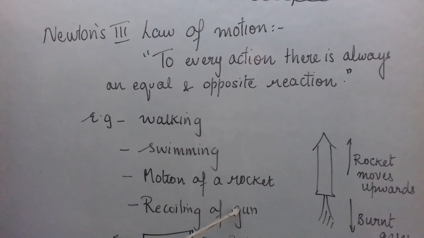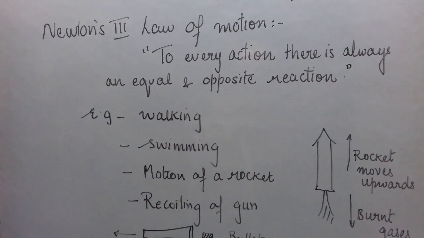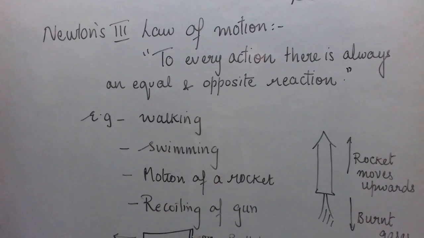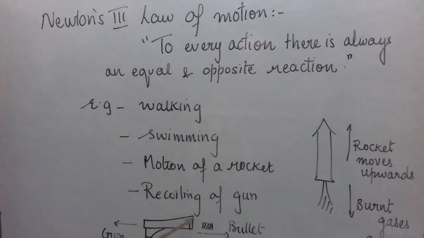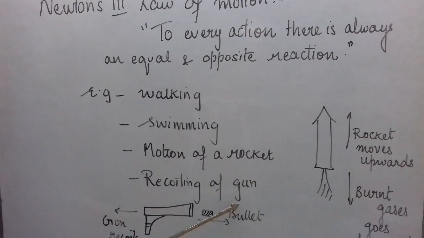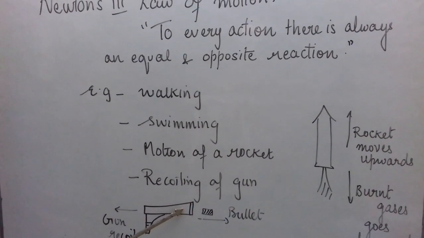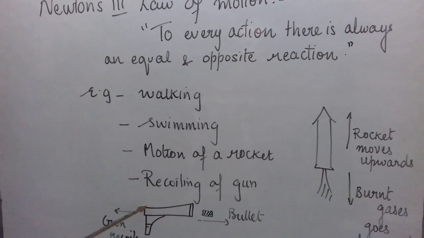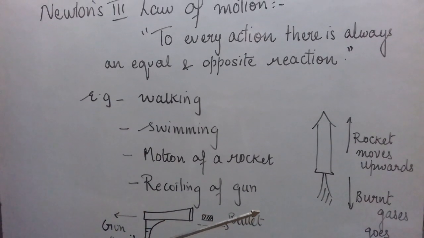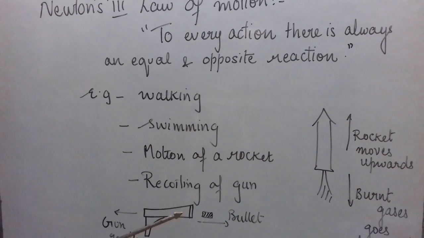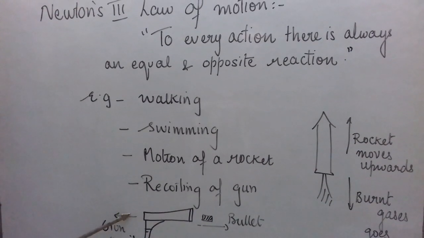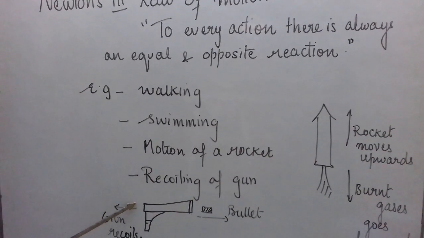Recoiling of a gun. You must have seen that whenever a bullet is shot from a gun, the bullet moves in the forward direction, and when the bullet leaves, the gun moves slightly in the backward direction. The bullet covers a very large distance in the forward direction, and the gun moves backward but covers a lesser distance.